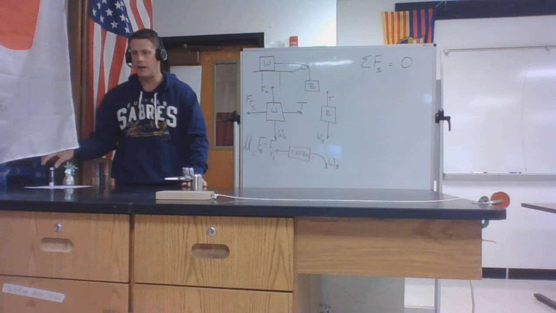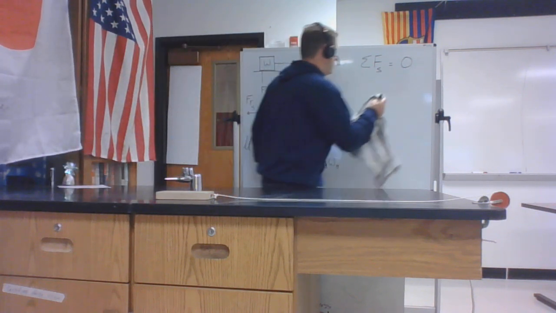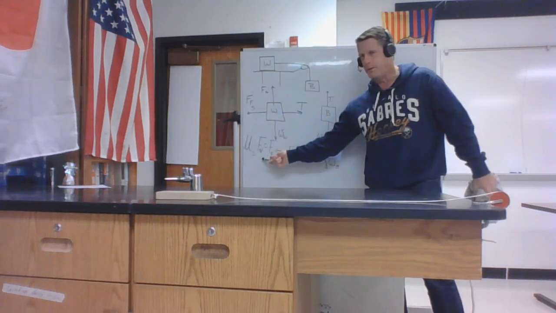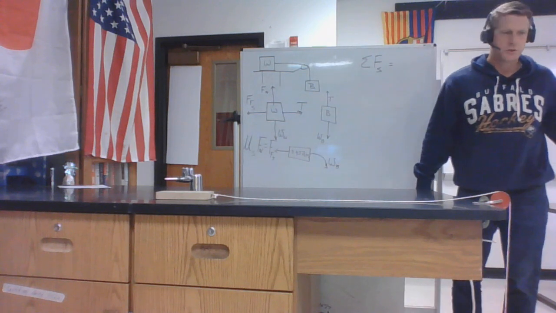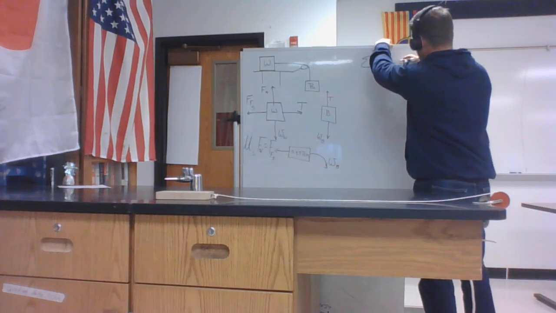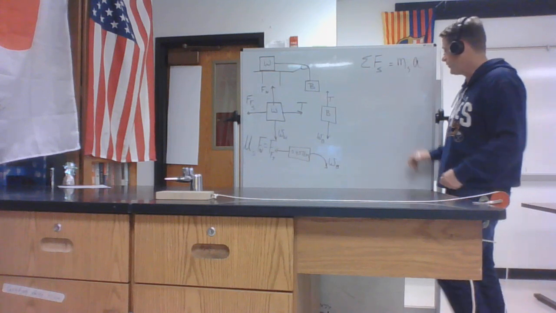All right, so how does that work mathematically? Well, again, this weight force has to be bigger than this static friction force. So now the sum of the forces on my system must equal the mass of the system times the acceleration. What forces are acting on this system?